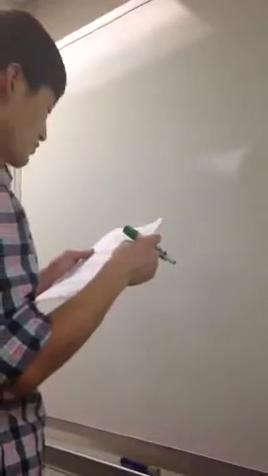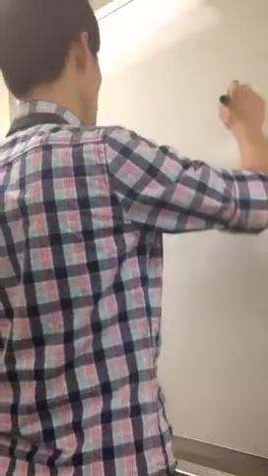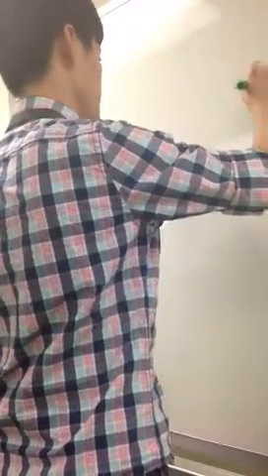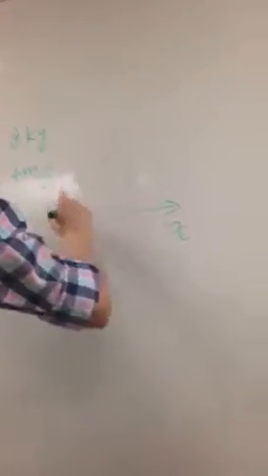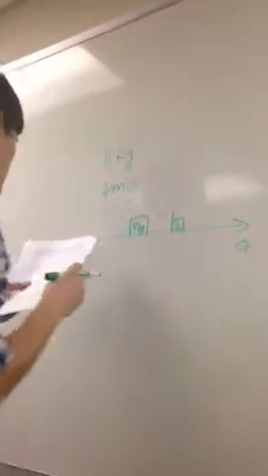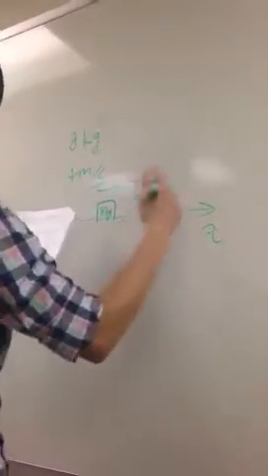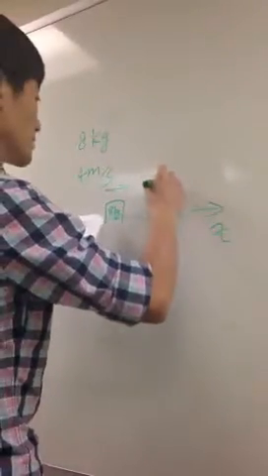And then number 5. An 8 kilogram object moving 4 meters per second in the positive x direction has a one-dimensional collision with a 2 kilogram object moving in the opposite direction at 3 meters per second.